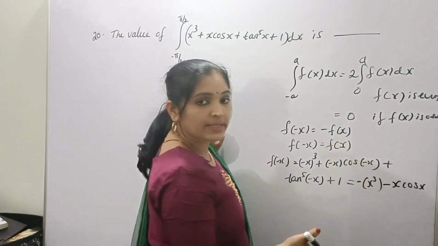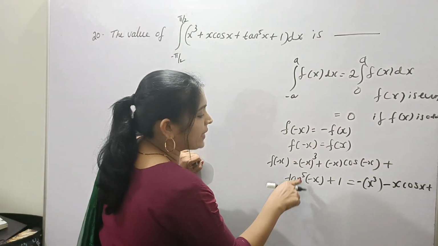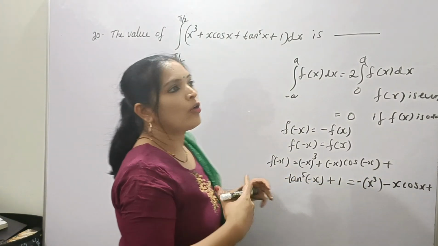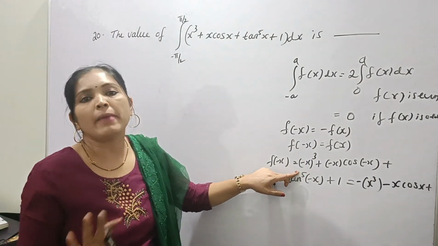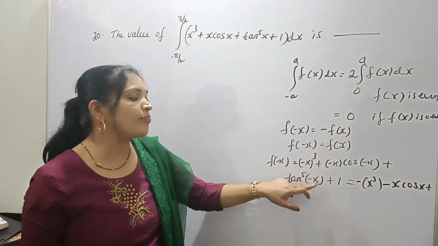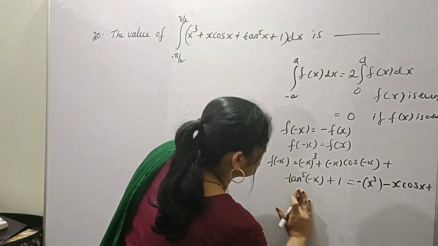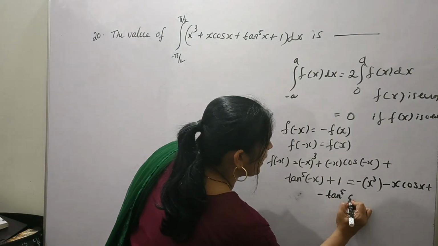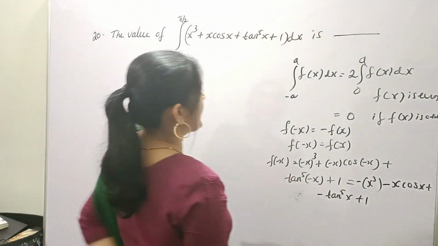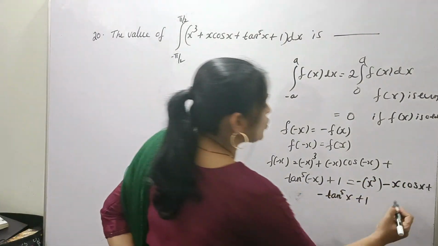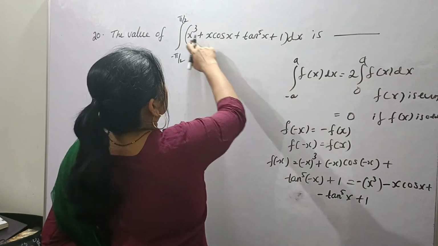Next term, tan raised to 5 of minus x. We know that tan of minus theta is minus tan theta. Since 5 is an odd number, it is minus itself, so tan raised to 5 of minus x is nothing but minus tan raised to 5 x. It is plus 1. See here, we can take minus outside, so let's take only these three terms.